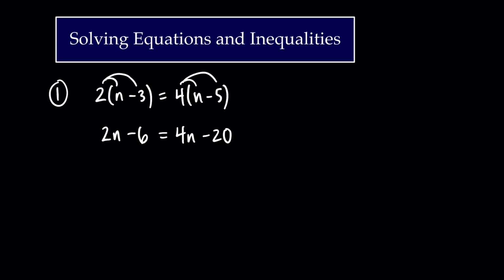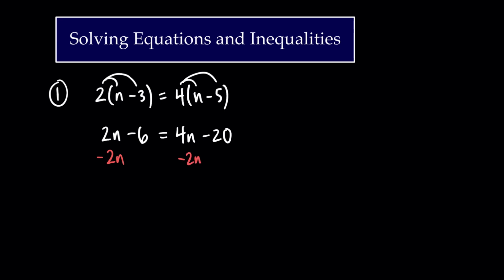So the question is, should we subtract 2n from the left to get rid of it, or should we subtract 4n from the right to get rid of it? Generally, both ways are fine. You'll get the answer either way. I like to keep my variables positive. So personally, I would prefer to subtract 2n from both sides.